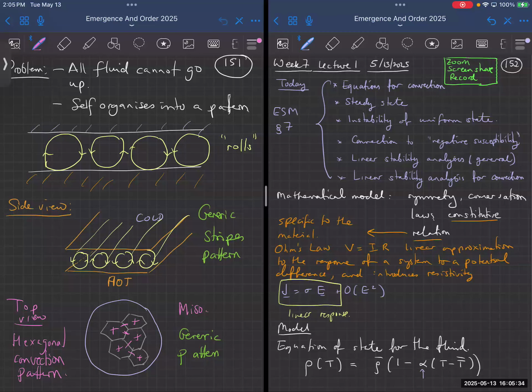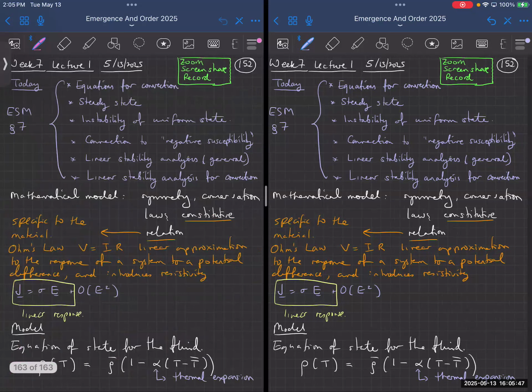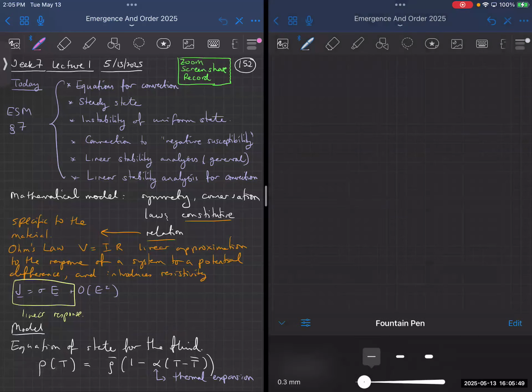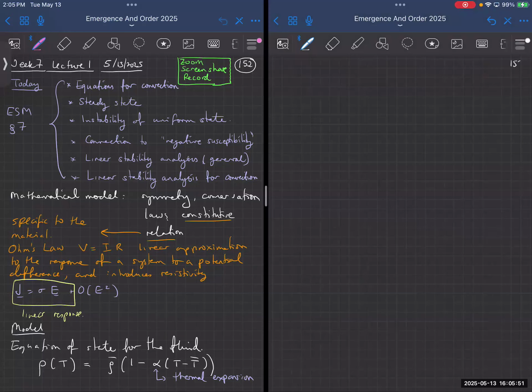This thing over here is the coefficient of thermal expansion. So as the temperature goes up, the density goes down. Okay, so that's simple. Now let's write down a conservation law. The conservation law here is mass conservation.